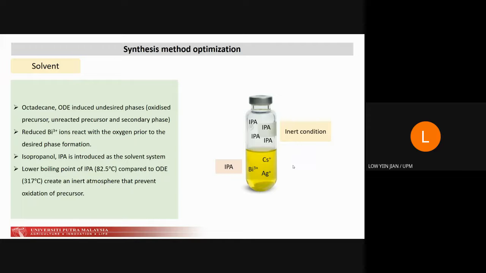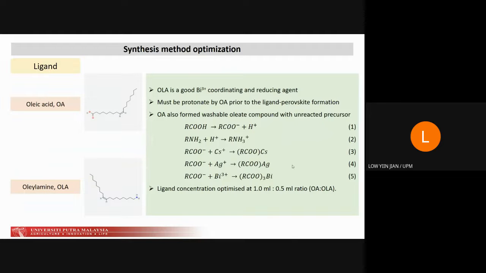Thus, the IPA will evaporate under the fixed reaction temperature and create an IPA-concentrated atmosphere that prevents the bismuth oxidation. And ligand selection is also found to be crucial for the bismuth-based perovskite as well as in the microwave-assisted solvothermal method.